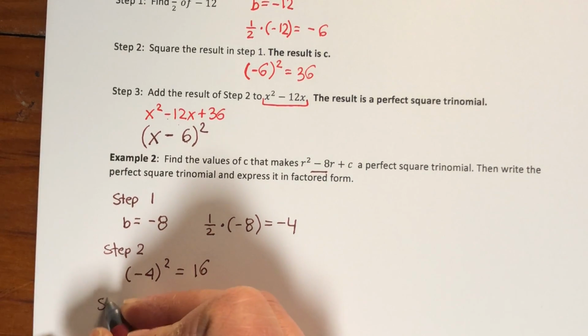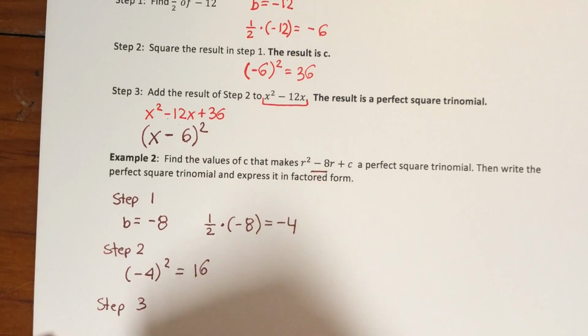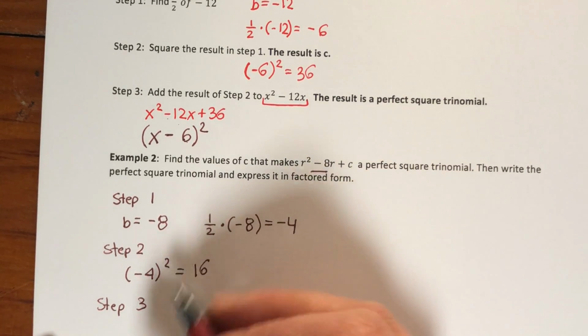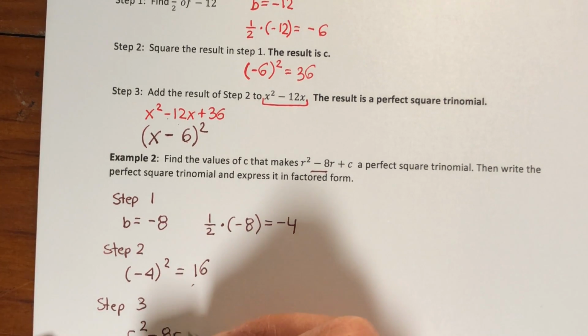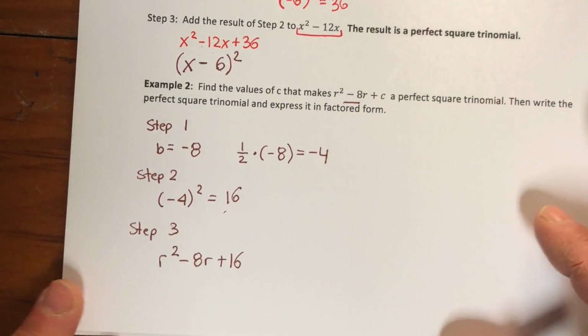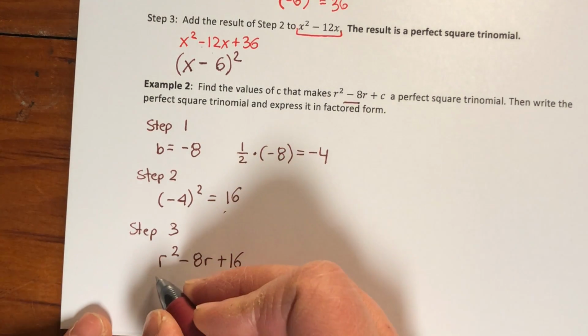And then step 3 says, add this number to whatever we started with. So in this case, we are working with r squared minus 8r, plus 16. Now we need to make sure we write this in factored form.